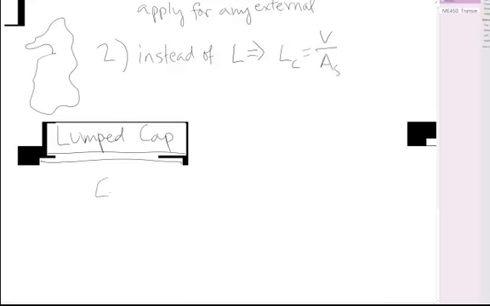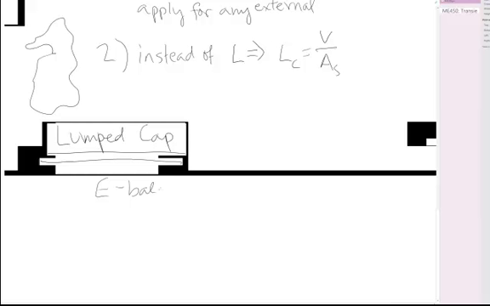Instead, what we'll do is an energy balance. And so a basic energy balance says that energy in minus energy out equals energy stored. Instead of looking at total energy, let's look at rate. So the rate at which energy comes in minus the rate at which energy goes out is going to be equal to the rate at which energy is stored inside an object. Okay.